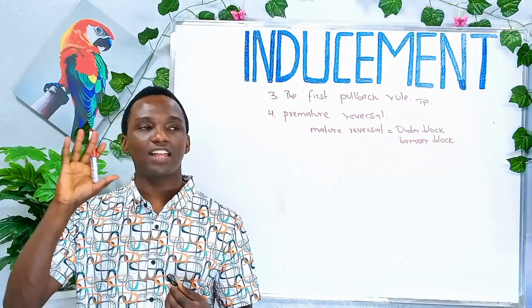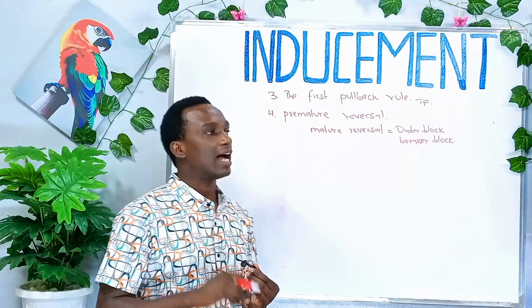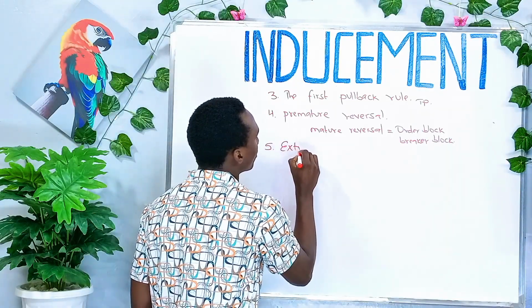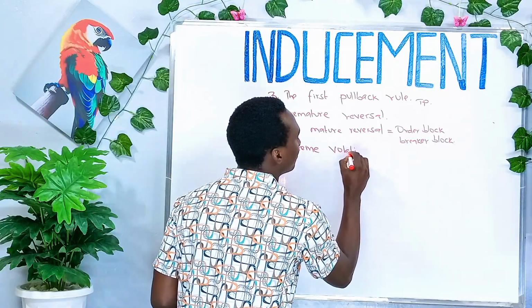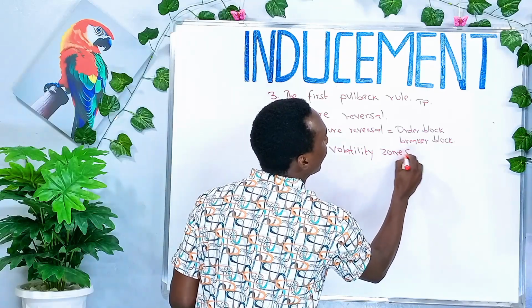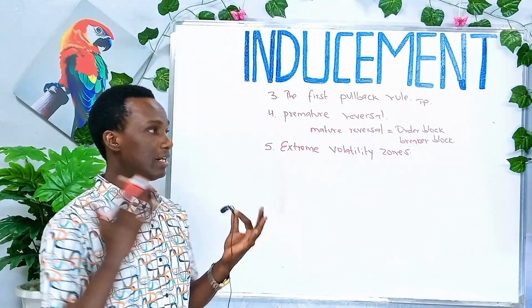The fifth and last way to identify inducement level is extreme volatility zones. When you have extreme volatility zones, you are likely to see some inducement levels.